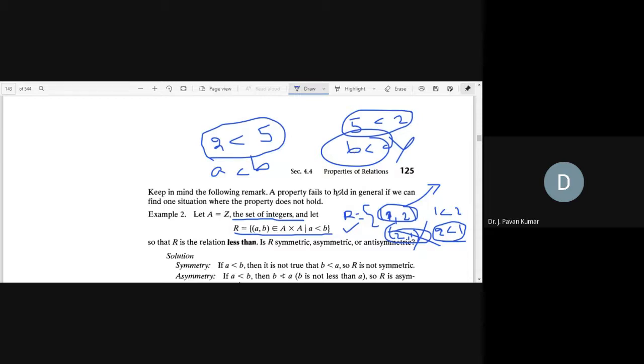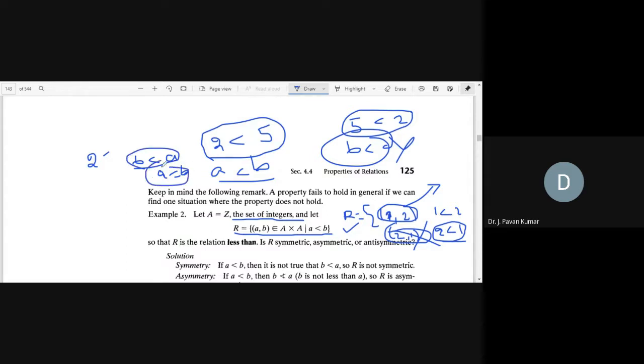Next, what about antisymmetric? Antisymmetric means whenever a is less than b and b is less than a, then a must be equal to b. Is this true for any numbers? 2 is less than 2? No. 2 is less than 3? Yes. But 3 is less than 2 is false.